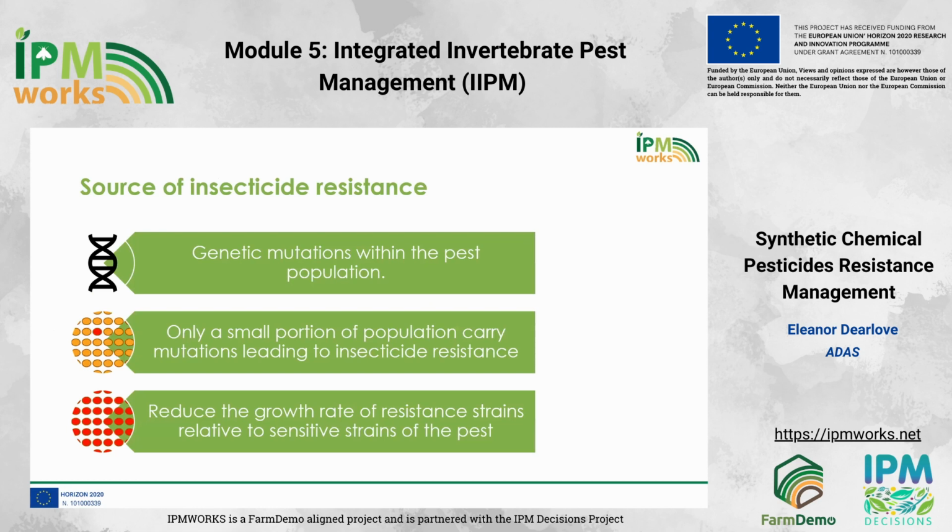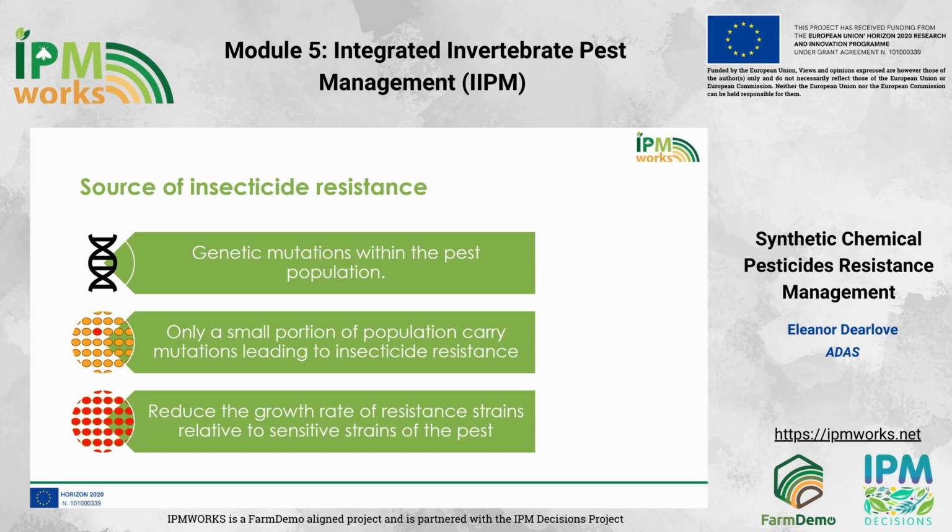There are 3 steps that lead to insect pests developing resistance to insecticide active ingredients. First, mutation is a natural part of evolution. At any one time, individuals with mutations that make them less susceptible or resistant to an insecticidal mode of action will be present within any population.